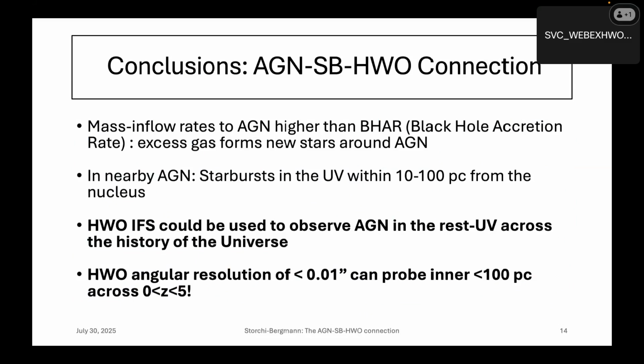So HWO integral field spectroscopy could be used to observe AGN in the rest UV across the history of the universe, because of the UV integral field spectroscopy capability and the angular resolution, which can probe the inner 100 parsecs across almost all distances.